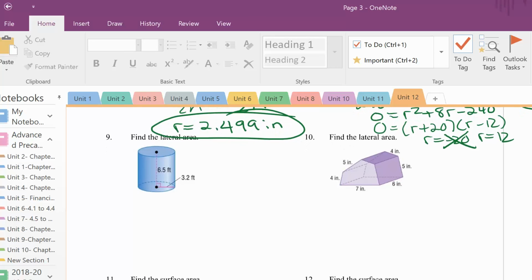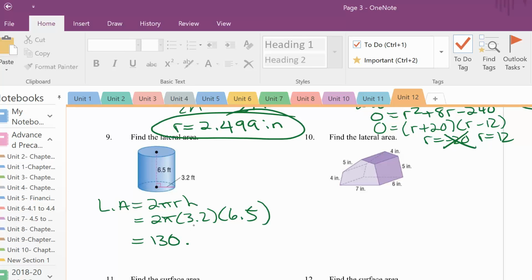All right, some practice problems. Number 9, it says find the lateral area. Well, the lateral area of a cylinder is 2 pi r h. So it's 2 times pi times 3.2 times 6.5, and that gives you 130.69 feet. It says find the lateral area of this prism.